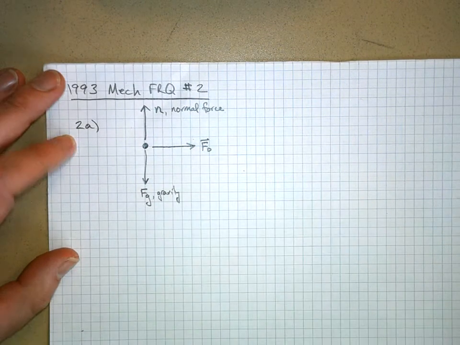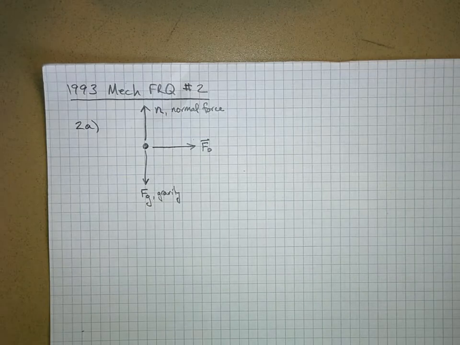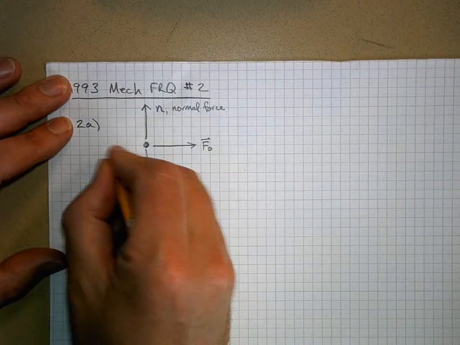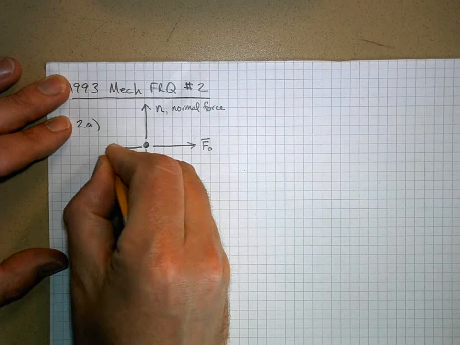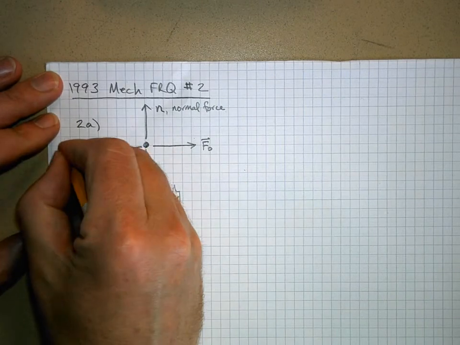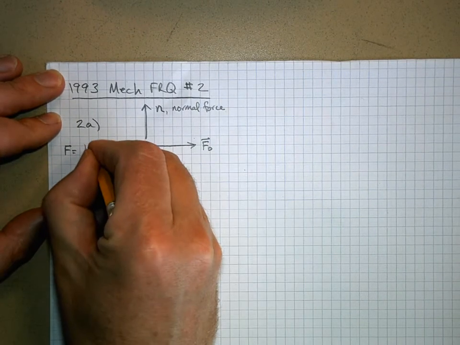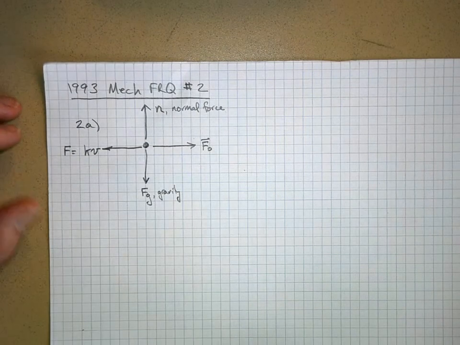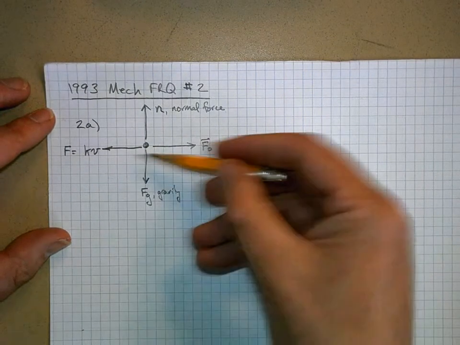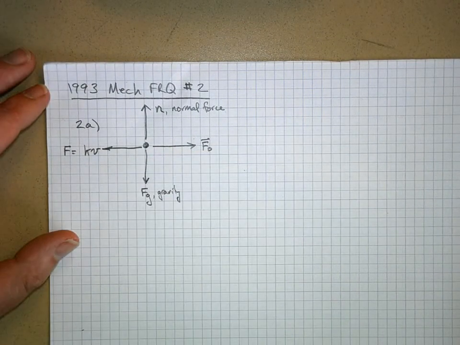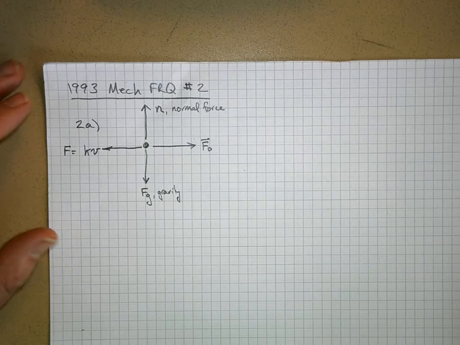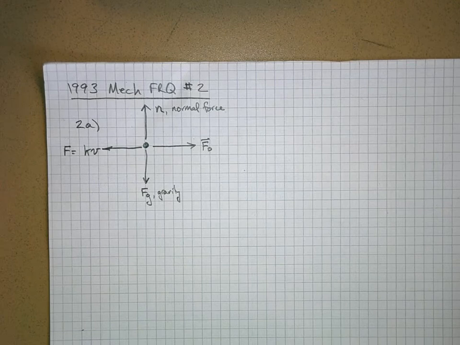Okay, and that's just the force that they gave you. And then you have this resistance force in this direction here. And this force is equal to K times V. Now, you can put the negative there, I suppose, but the negative is implied in the direction of the arrow. And so that's the free body diagram that they want you to draw.